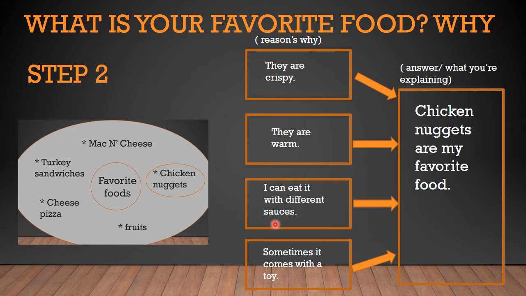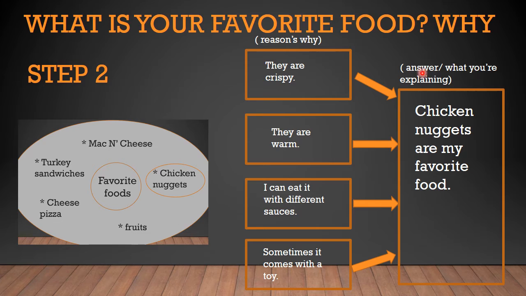That is not what we are doing. For this question, what's your favorite food? We have to pick just one favorite food. And that one answer, what I circled in my circle map, what you circled in your circle map, that one answer is going in the big box. That is what the first question is.